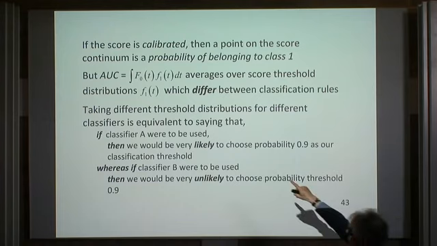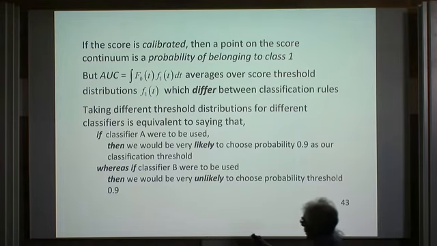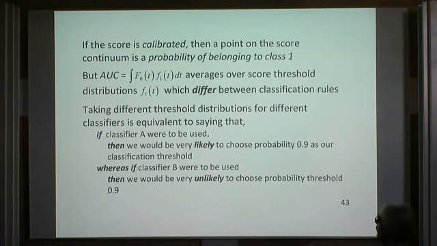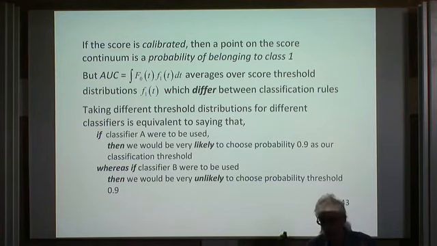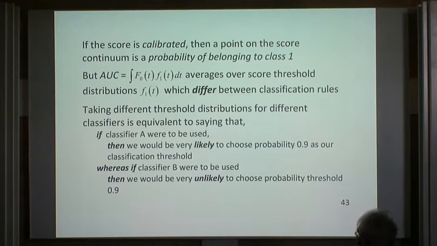It's like saying if method A, logistic regression, were to be used, then we would be very likely to choose probability 0.9 as our classification threshold, whereas if a support vector machine were to be used, then we'd be very unlikely to choose 0.9. This is silly, because this 0.9, the threshold you choose, should come from what you're trying to do, from the problem and your objectives.